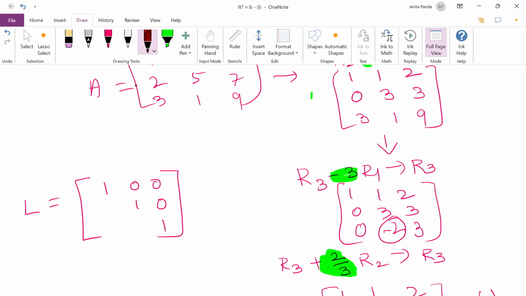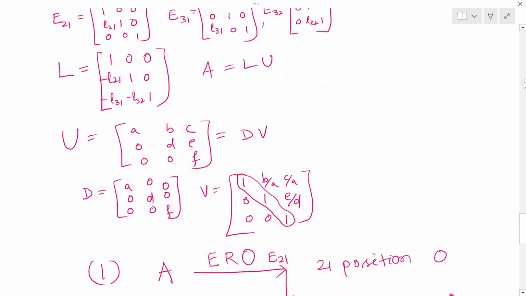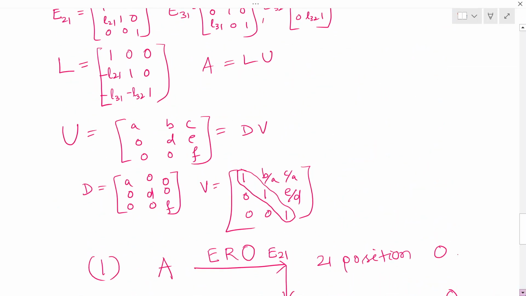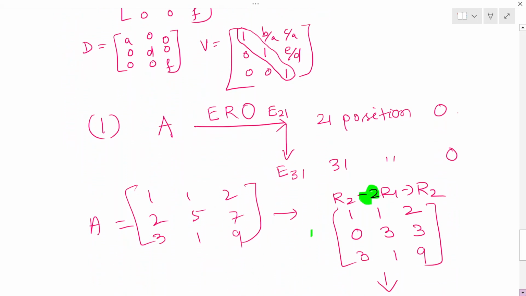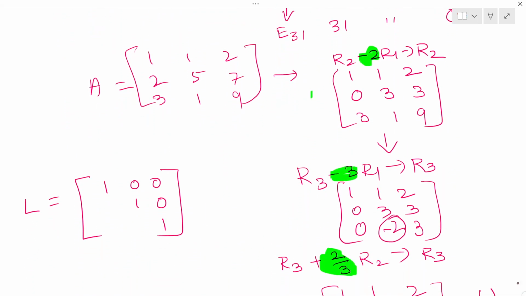So in case of 2 1 position, what should I write? Minus of minus 2, it is plus 2. Minus of minus 3, it is plus 3. Minus of 2 by 3, it is minus 2 by 3.